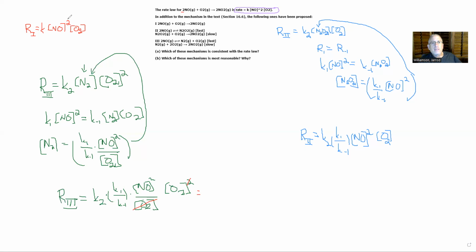And that will give us, going back to green here, K2, K1, K backwards 1, and NO squared, O2, right?